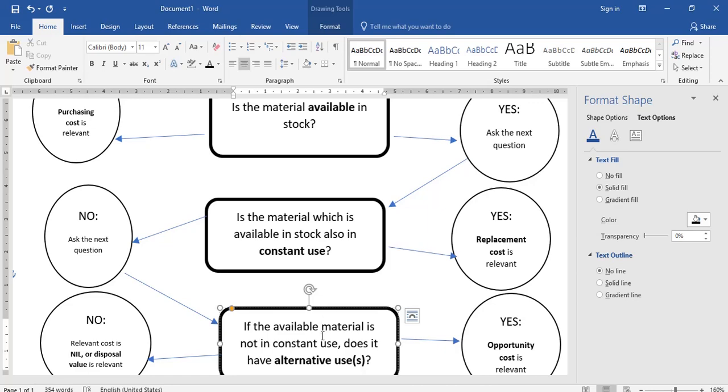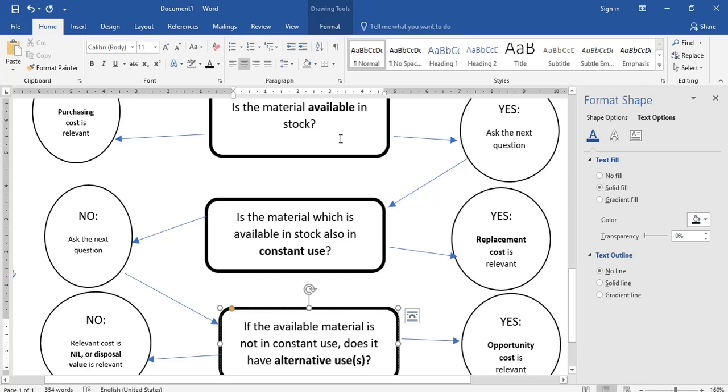No alternative use, disposal or nil value. So look at the order. Look at the availability of the material. Look at the constancy of use for the available material. Then look at the alternative use of the material not in constant use. Now that is the relevant cost for material.